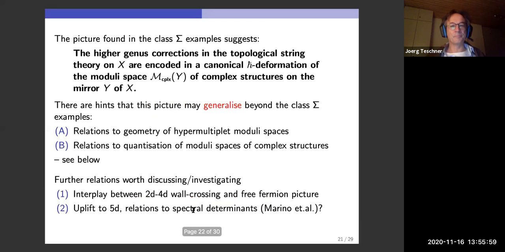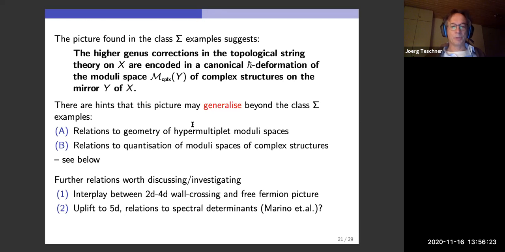Yes, no, that's fine. So a kind of moral way of summarizing it is that the highest genus corrections of the topological string are encoded in canonical H-bar deformation of these moduli space of complex structures on the mirror y of x. And this is what I will be trying to elaborate on in some way.